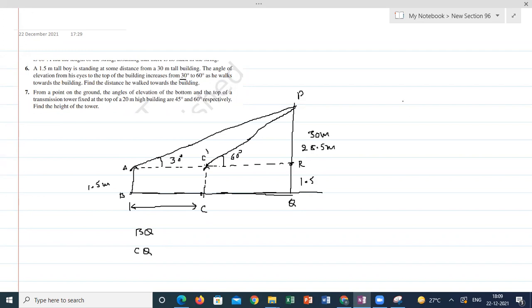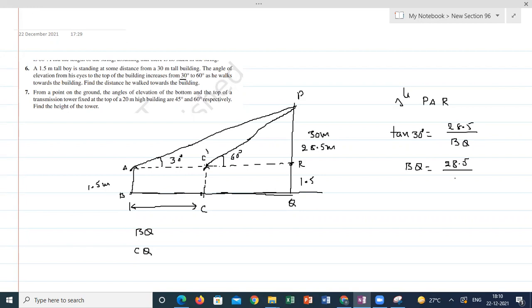From triangle PAR, tan 30 equals opposite side 28.5 divided by adjacent side BQ. So BQ equals 28.5 by tan 30.